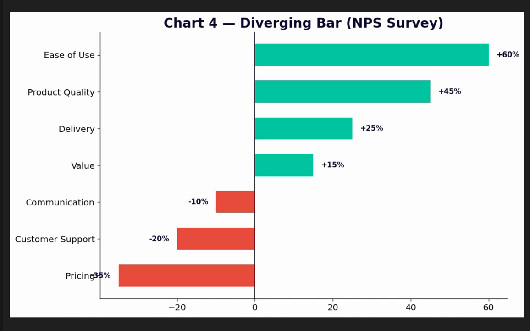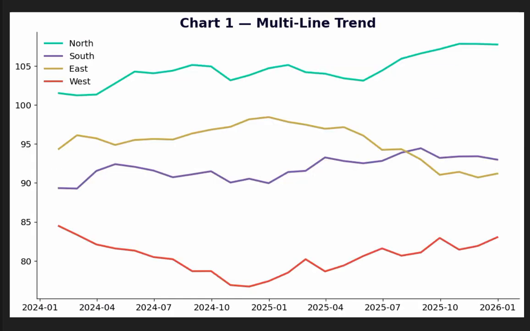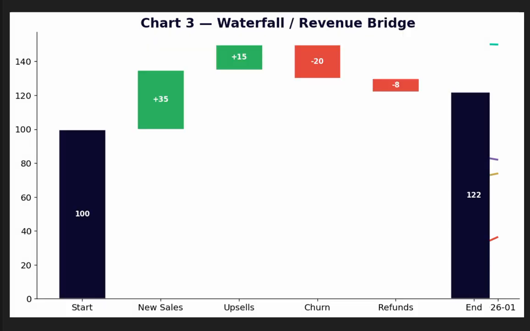Second is heat map for finding patterns across 2 dimensions. Third is waterfall for explaining what caused a change. Then diverging bar for data with a natural midpoint. Animated bar for ranking changing over time. All 5 charts are available to run.